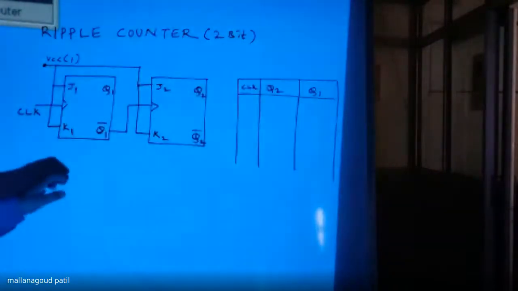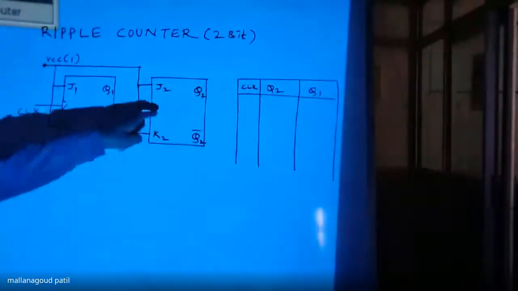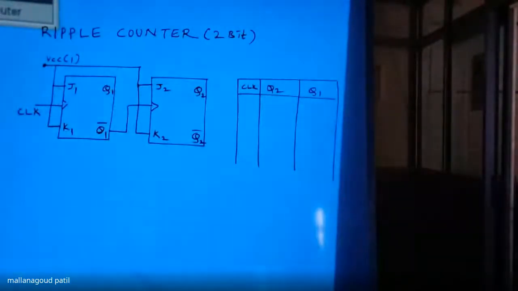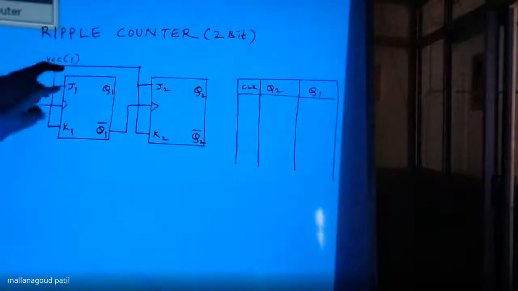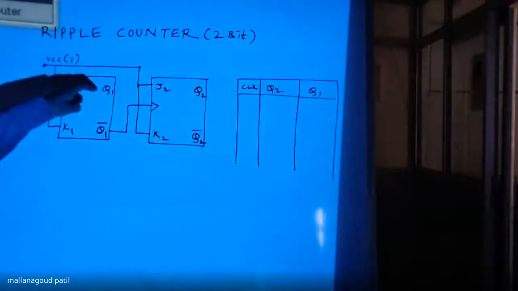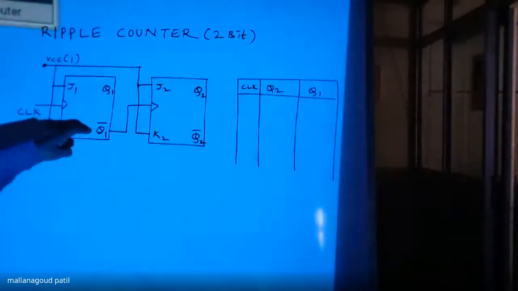Now the question here is, the output is supposed to connect to the clock of the next flip flop. We have two outputs, one uncomplemented and another complemented. Which one are we supposed to connect?